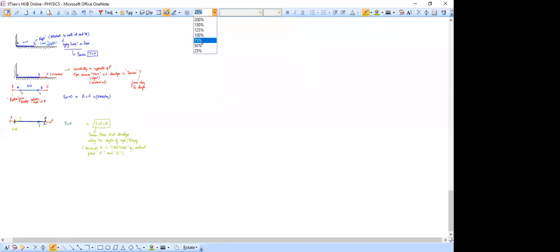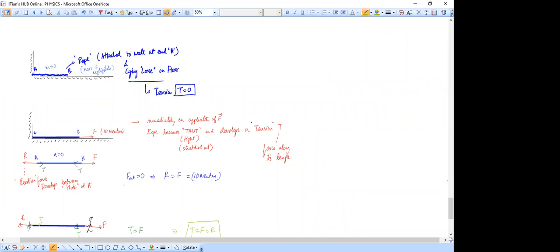But the moment we give it this tendency to get stretched out by the application of this external force, this is what happens.